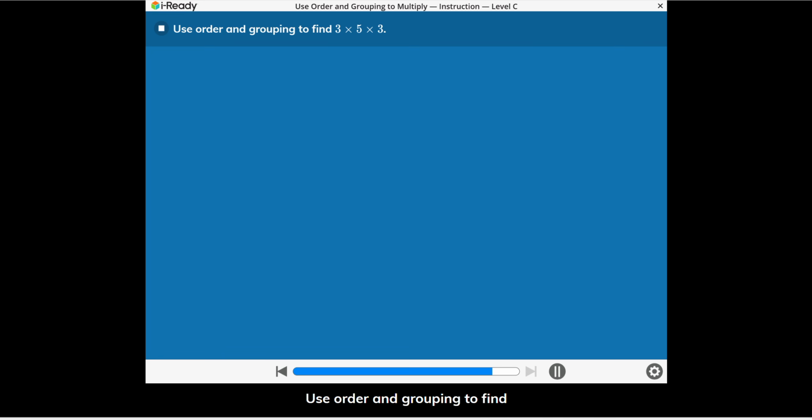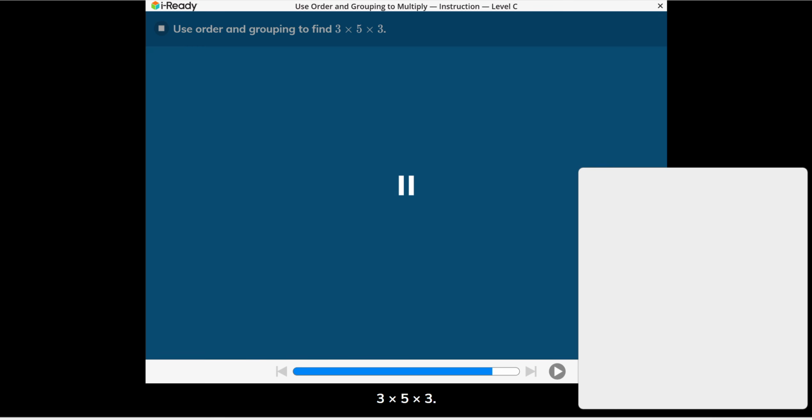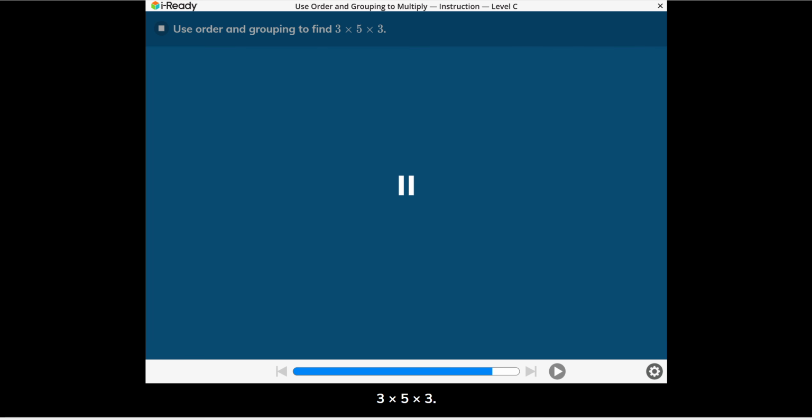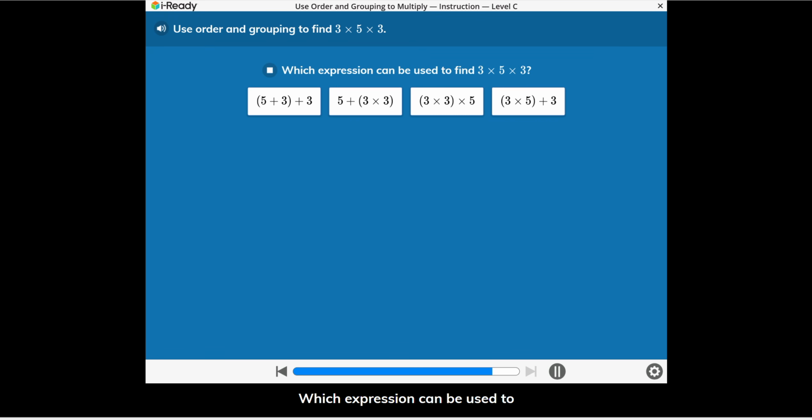Use order and grouping to find 3 times 5 times 3. Guys, do you know what it's called if there's too much multiplication? It's called long multiplication. 5 times 3. Which expression can be used to find 3 times 5 times 3?